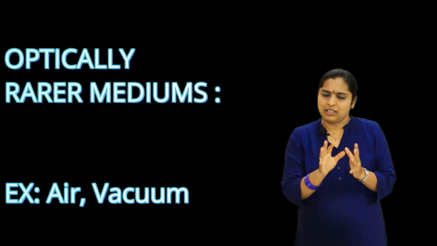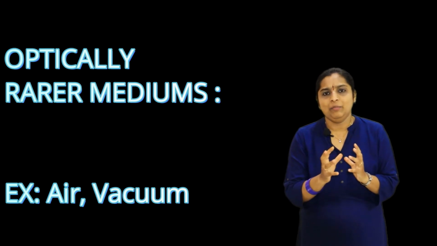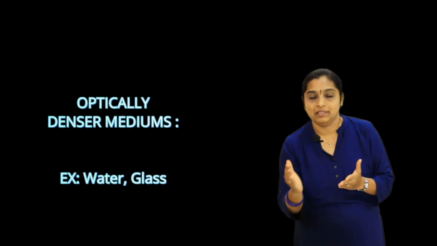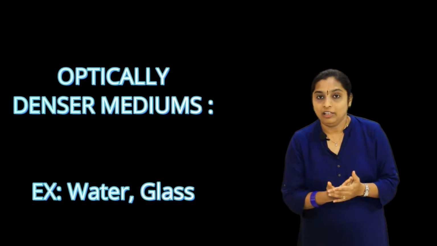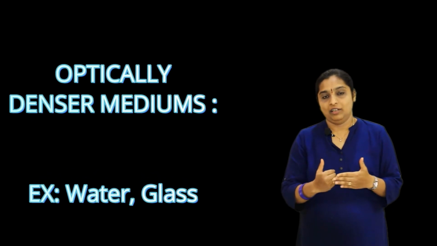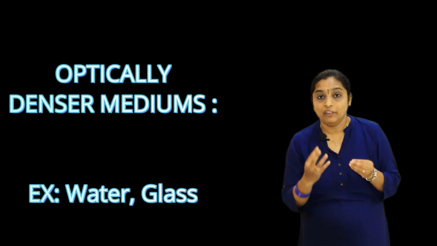And some mediums take time in absorbing and re-emitting, and they are called optically denser mediums. Examples are water and glass. All these are optically denser media, wherein the light travels a little bit slowly compared to air and vacuum. So we understood this part.